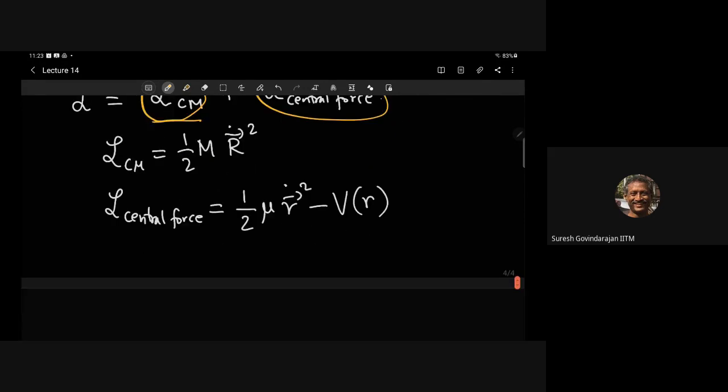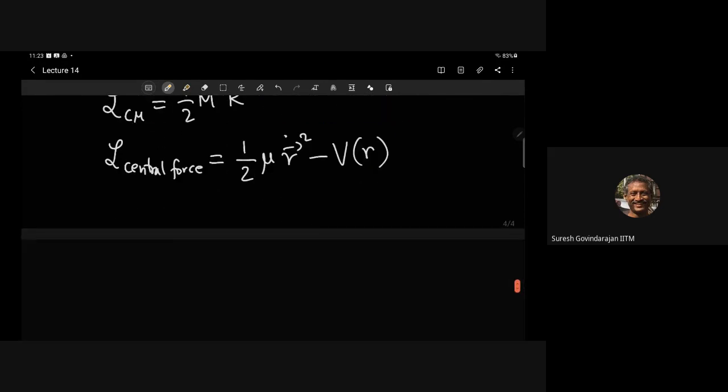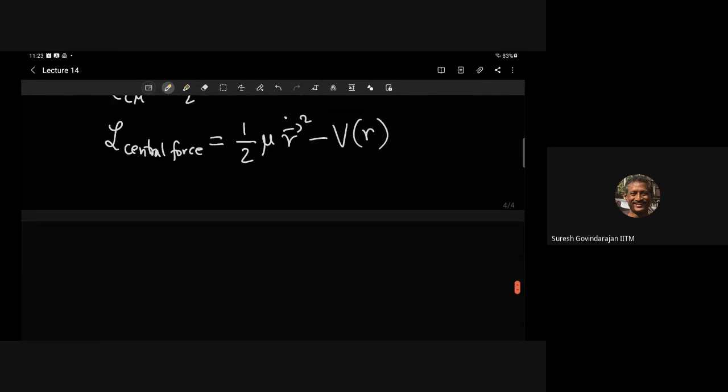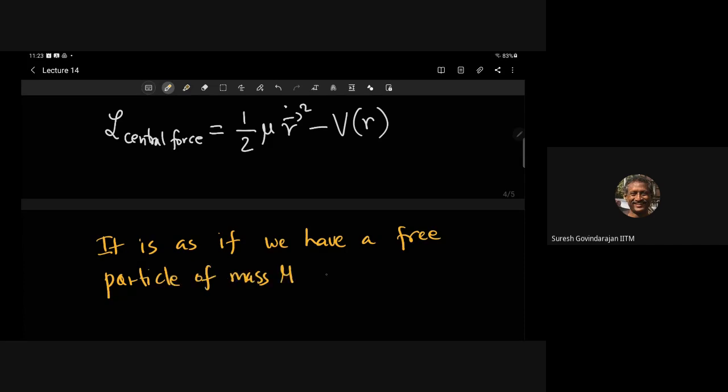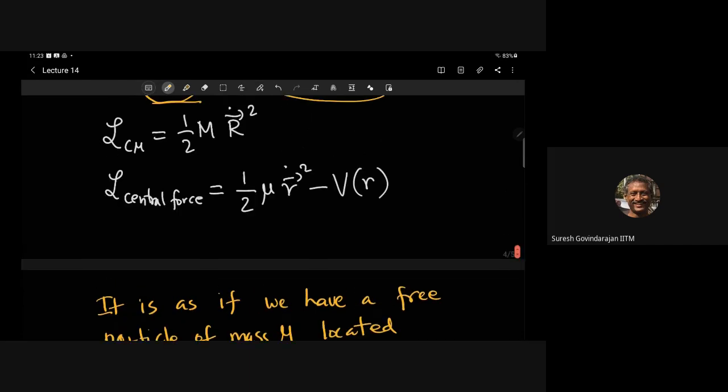Okay, so after we do this, what we can see is that it's as if we have a free particle of mass capital M located at where? Capital R.